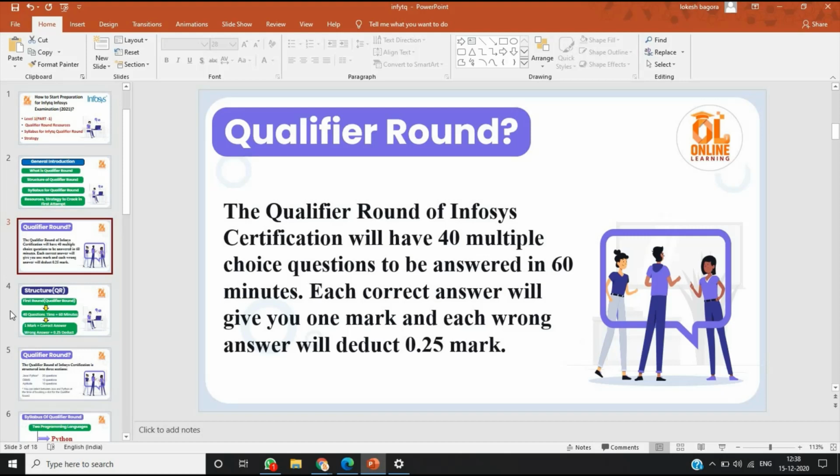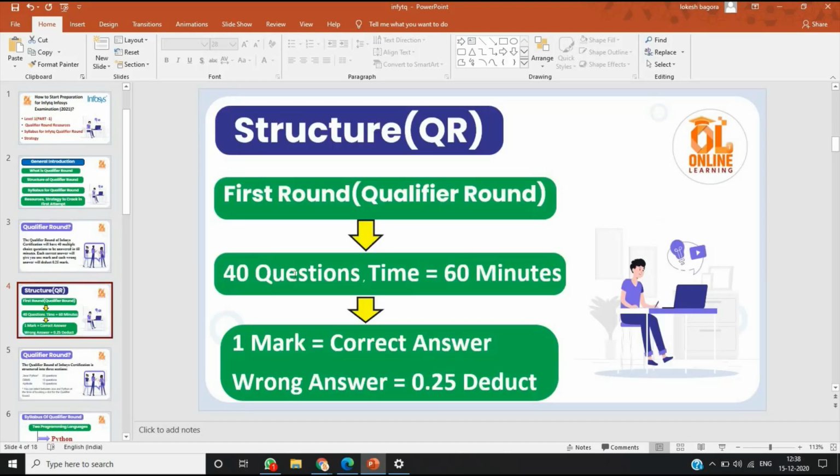So friends, let's talk about the structure of the qualifier round. The qualifier round is the first round of the Infosys certification exam. As I already told, there are 40 questions and the time is 60 minutes, which means you have 60 minutes to solve 40 questions. One correct answer is 1 mark, and a wrong answer deducts 0.25 mark.